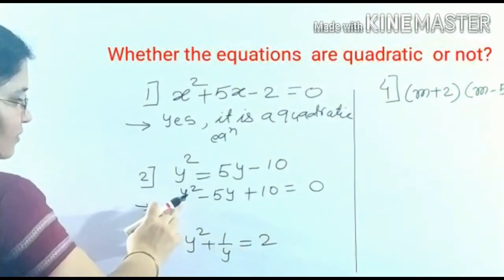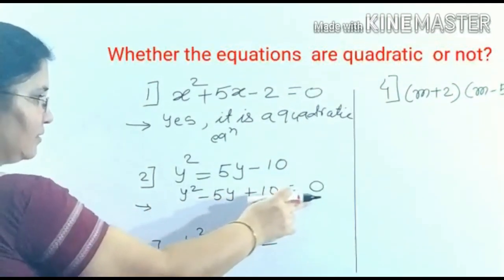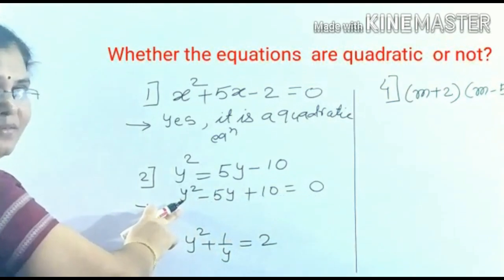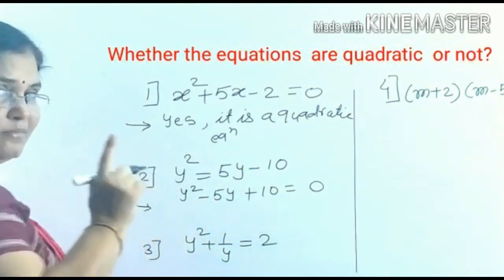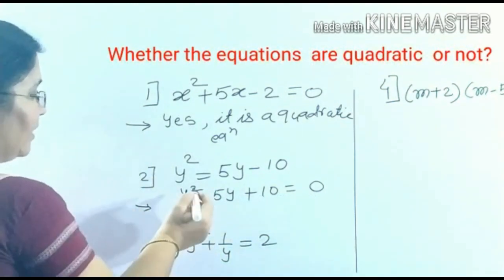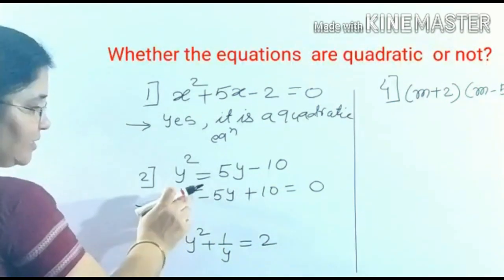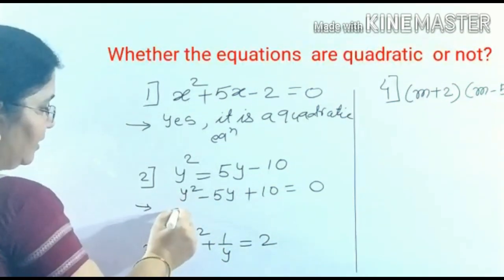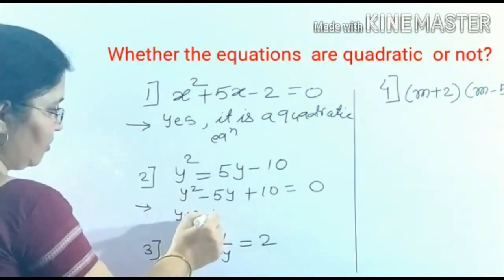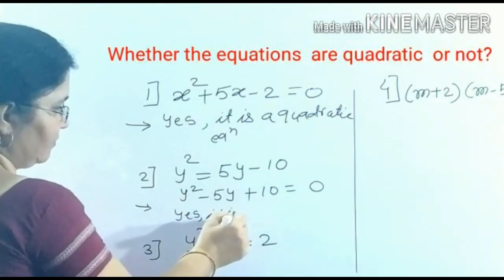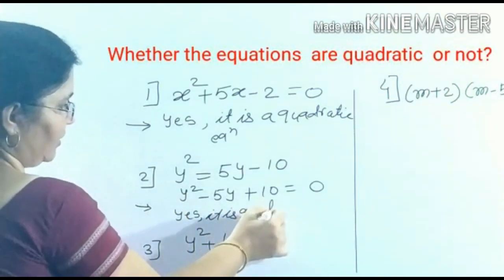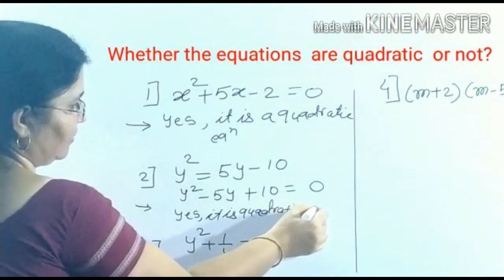Now see, this equation consists only y. That means maximum one variable and its highest index we can see it is 2. Yes, it is quadratic equation.